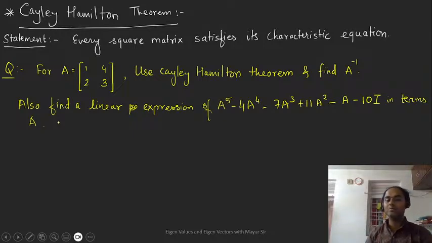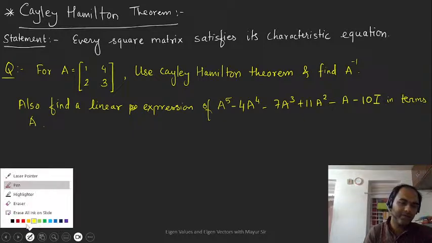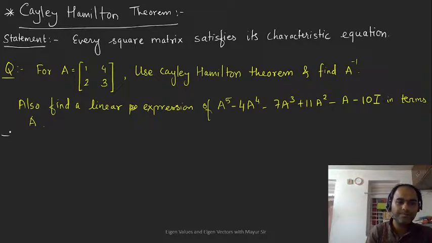Now let's see how to do this. This is very easy. So whenever this kind of things are given to you, you have this A equal to 1 2 4 3, right? You write down that let Ax equal to lambda x, x not equal to 0.